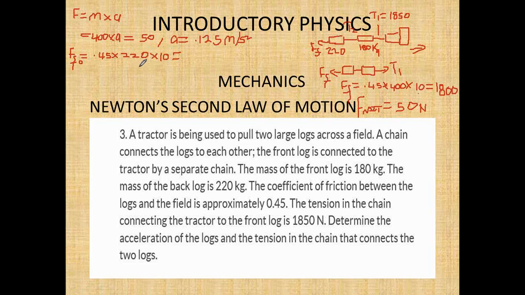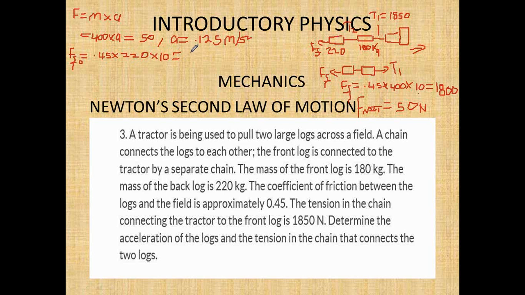is going to be 4.5 times 220. So let's see what that is. So 4.5 times 220, and that is equal to 990.